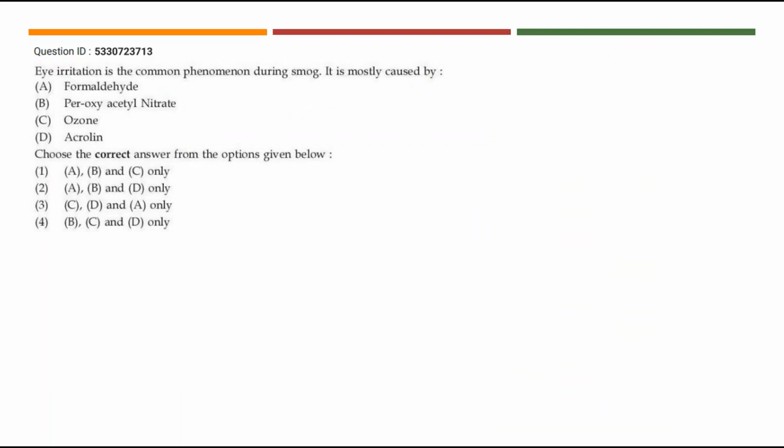Next question. Eye irritation is the common phenomenon during smog. It is mostly caused by formaldehyde, peroxyacetyl nitrate called as PAN, and acrolein. The spelling is PAN. It is given as PIN here. Are known to cause eye irritation.